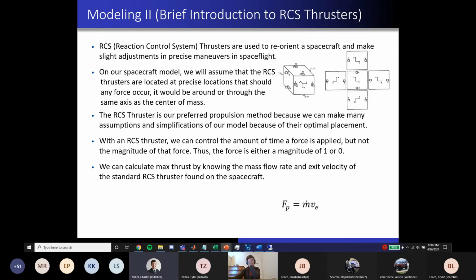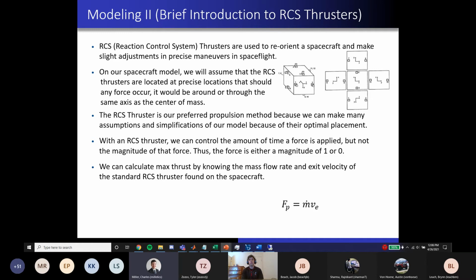Okay, and I'll give a brief overview of RCS thrusters, which is what we'll be using to make changes to our force vector and direction. So the layout is shown there in the top right. That's a general model of our spacecraft body.